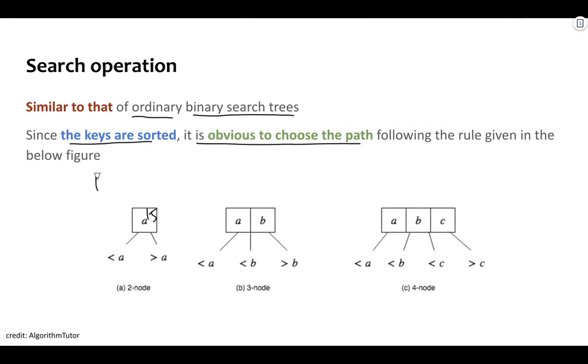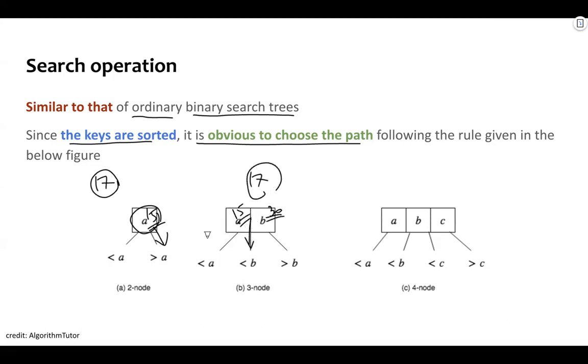If you want to find 17 in this node, then when we reach here, we're going to go to the right side because this value is smaller than the value we want to find, 17. And let's say A was 15 and B was like 30. And we want to find 17 again. In this case, we're going to the middle part because this value is between 15 and 30.